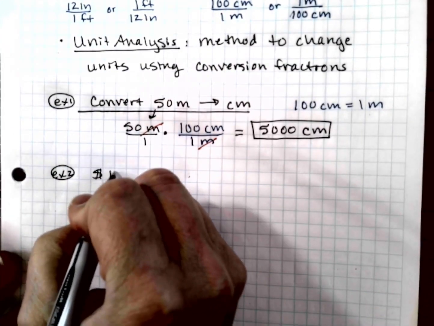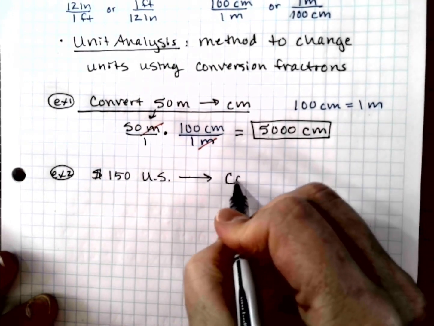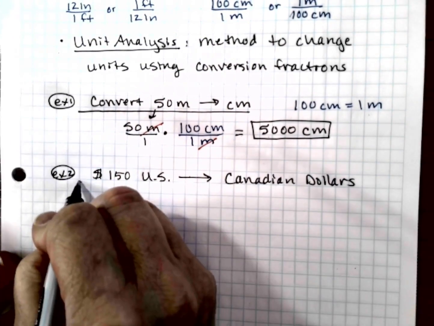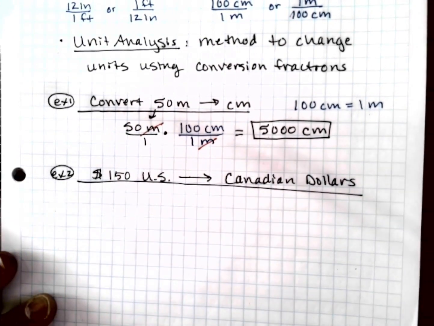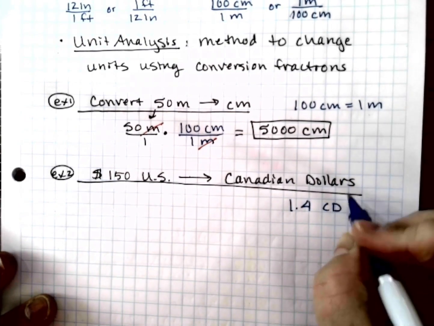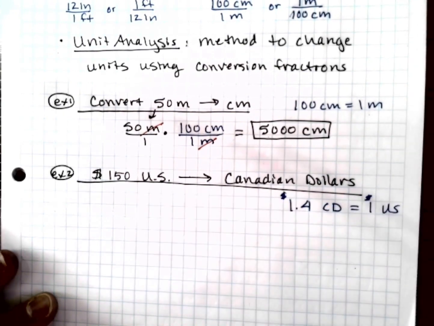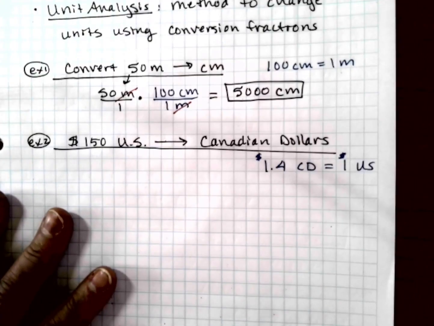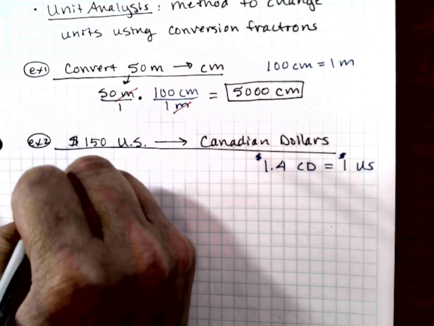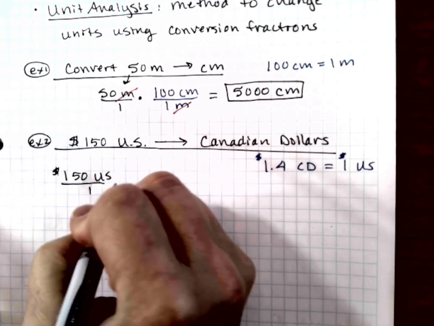Let's say that you have $150 US, and you want to convert this to Canadian dollars. So the conversion for that is 1.4 Canadian dollars equals 1 US dollar, and both of them use dollars, which is confusing. So to do the conversion, write what you start with over 1. So 150, and I'm going to put US over 1.